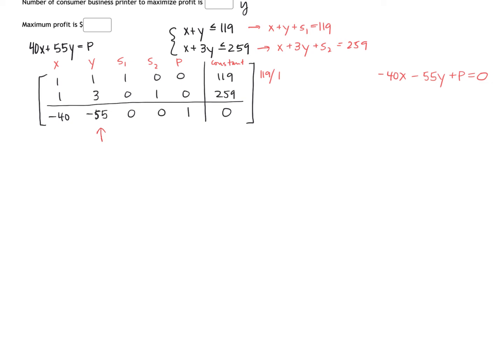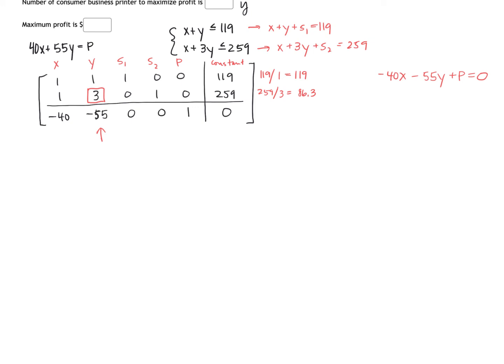So 119 divided by 1 is 119. And 259 divided by 3, it doesn't go in evenly. It's approximately 86.3. You can see that the 86.3 is smaller, so that will be our pivot. So 3 is going to be our pivot.